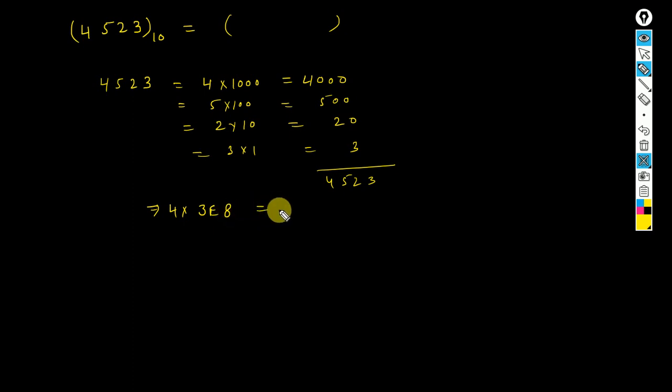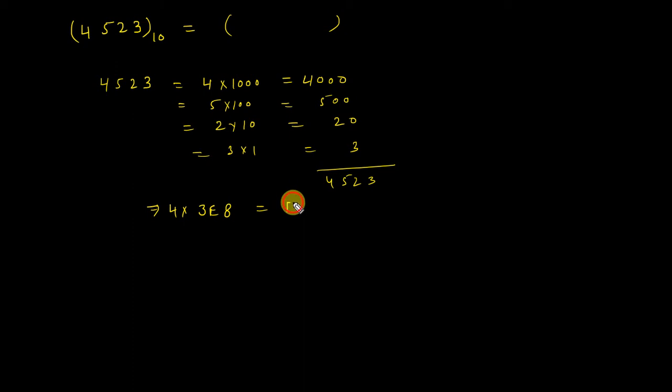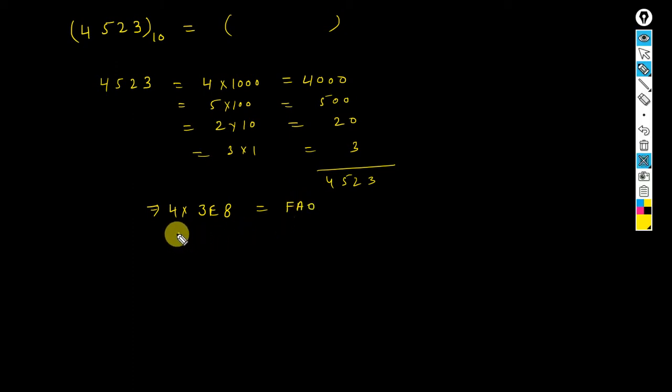So multiplied by 4, 4000 means FA0. And 5 multiplied by 64, since 100 written in hexadecimal is 64, so 5 multiplied by 64 is 1F4.